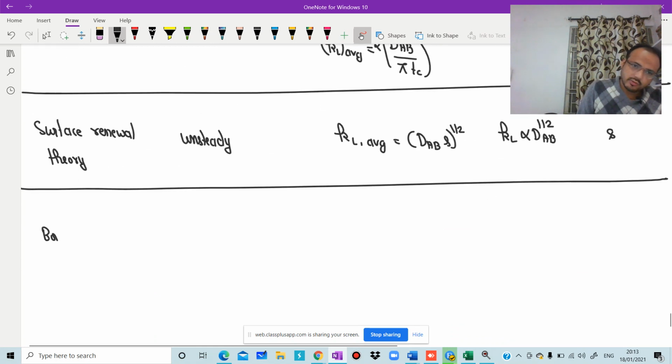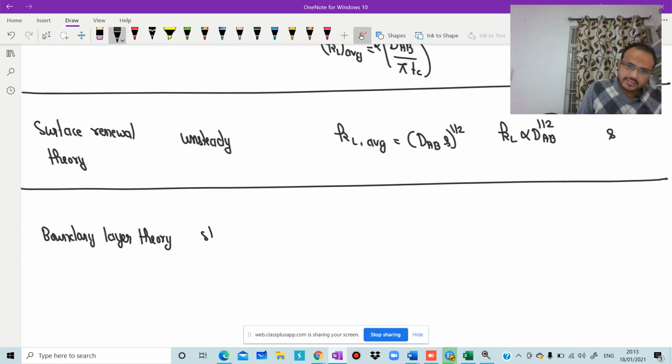Then we have boundary layer theory. That is at steady state. Here KL is directly proportional to DAB to the power 2 by 3.